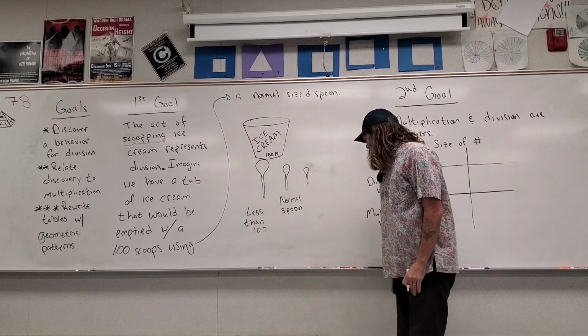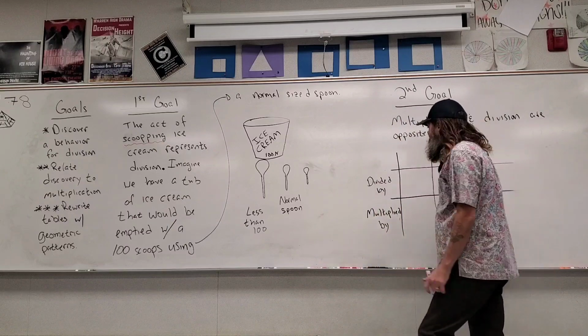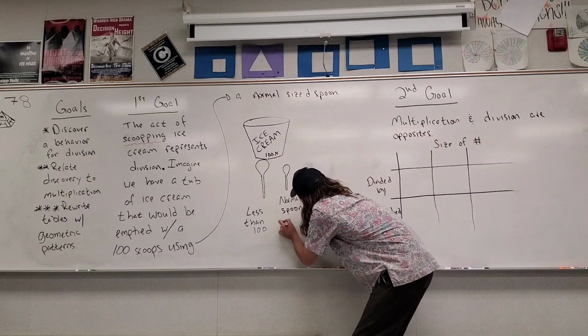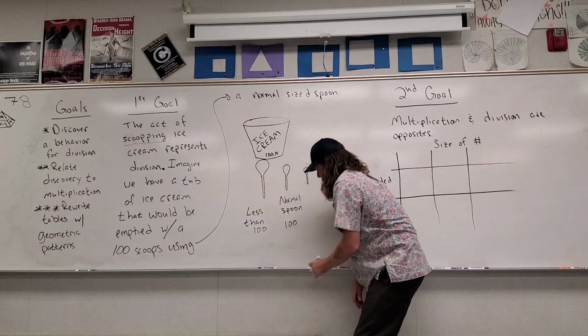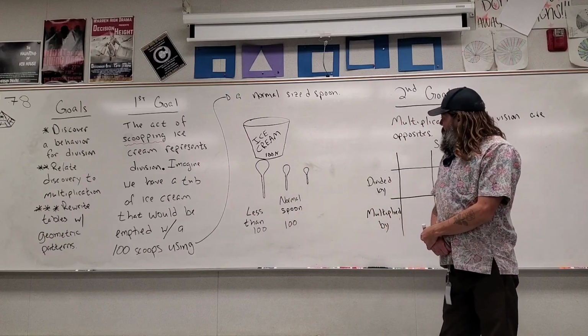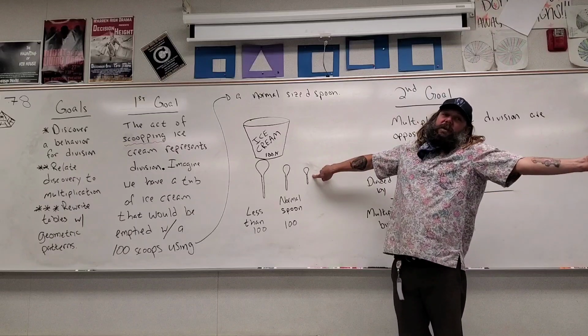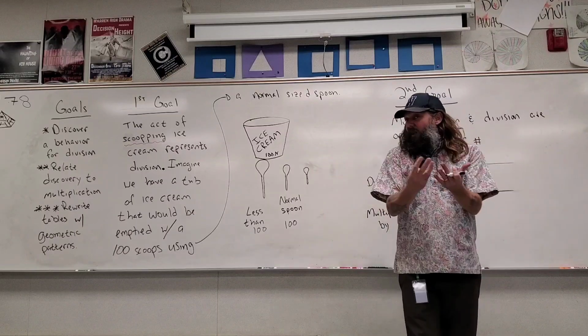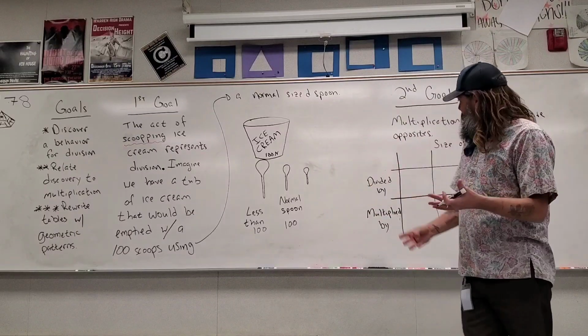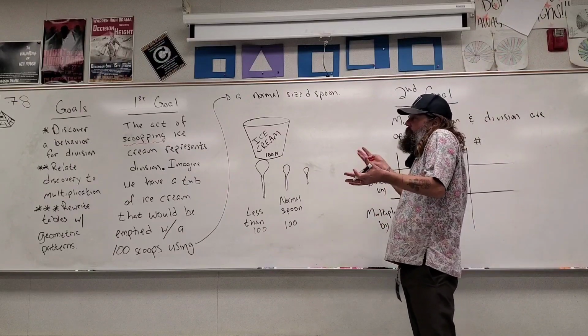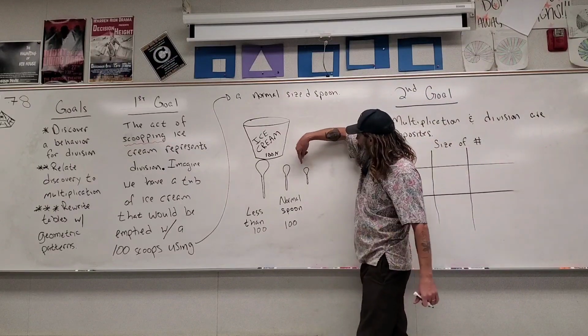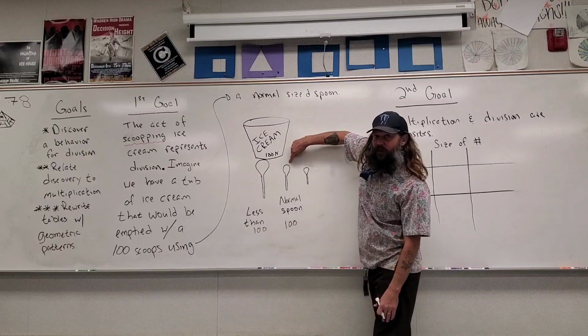And the normal spoon from earlier is going to take 100 scoops. And the little spoon, I think we can agree that it will take more than 100. Now, you might have thought of a number like 200 because it's half as large. That's reasonable, but we don't know for sure if it's exactly half the size.